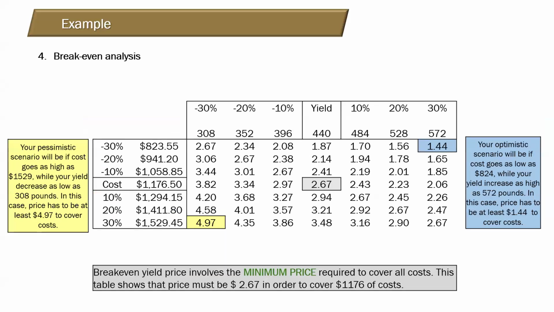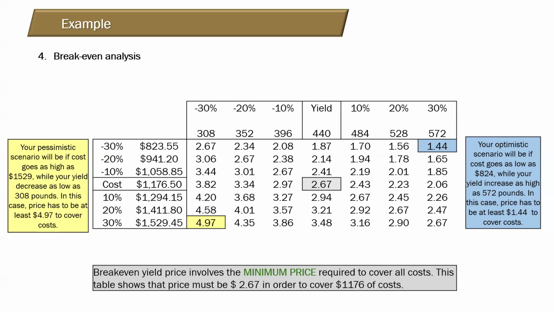Similarly, the break-even price analysis reveals the minimal selling price needed to cover the cost of your farm. In this case, to cover around $1,100 of cost, the price must be $2.67 per pound. In the pessimistic scenario, where you have higher costs and a lower yield, the break-even price needs to rise to almost $5 per pound.